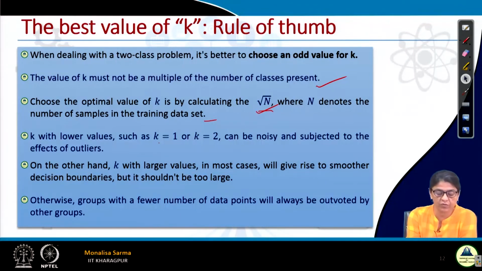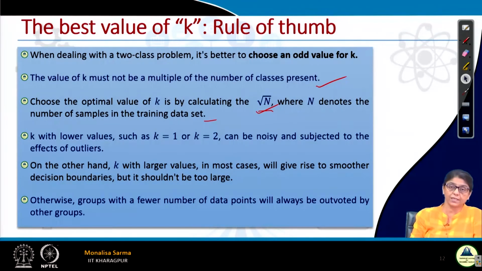K with lower values such as k equal to 1 or 2 can be noisy and subject to the effect of outliers. If we take a very small k value, it can be noisy and subject to the effect of outliers. Yesterday in my last class I gave you an example. Suppose I have one class of cat, another class of dog.